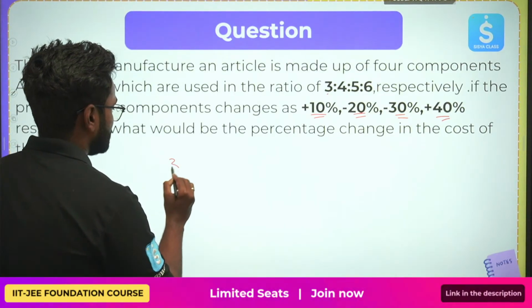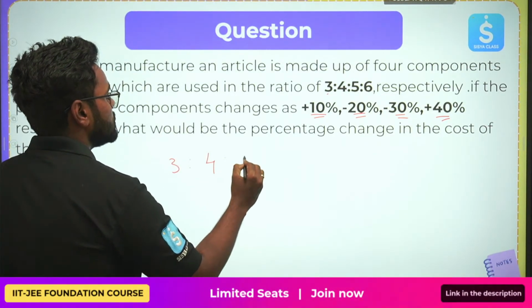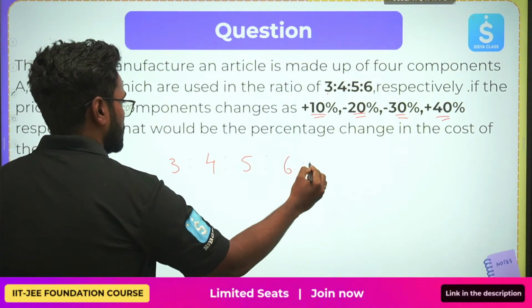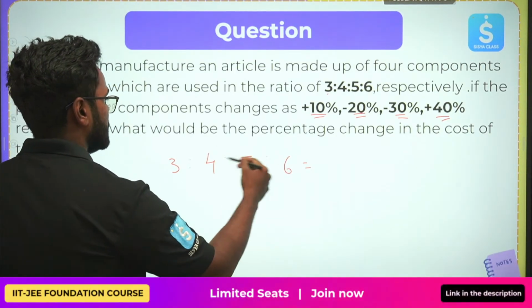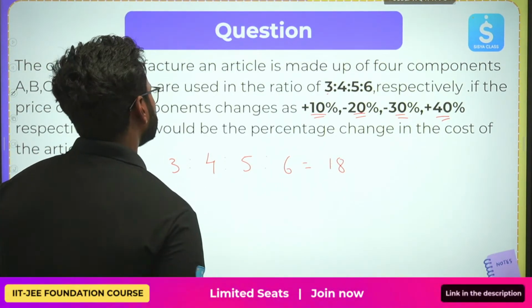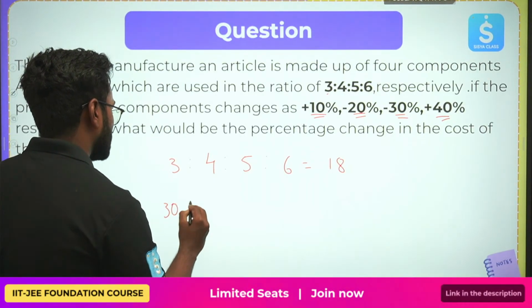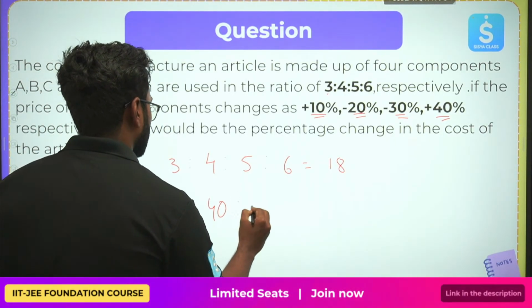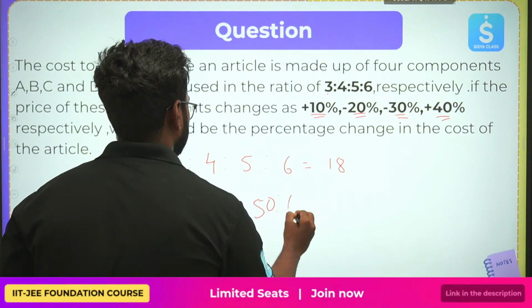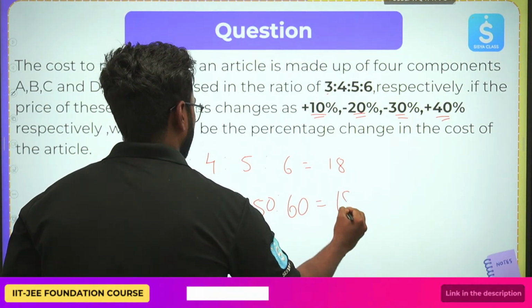Let us write 3:4:5:6. Let us multiply by 10 for an easier calculation: 30, 40, 50 and 60, total 180, right?